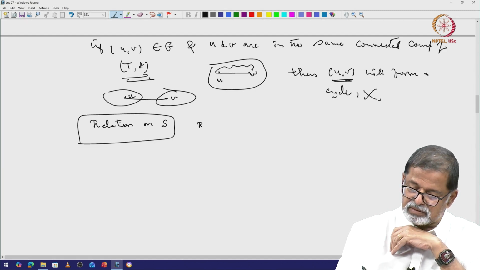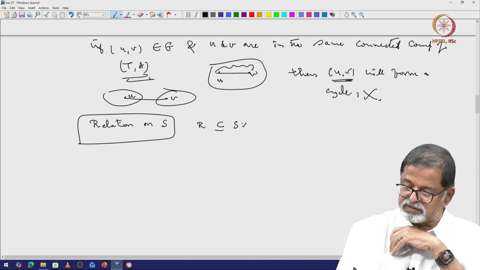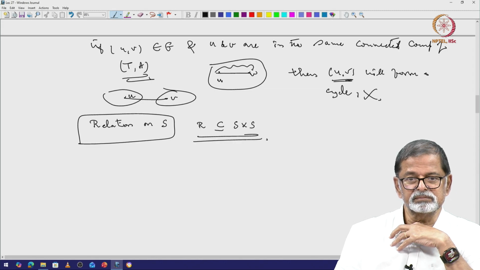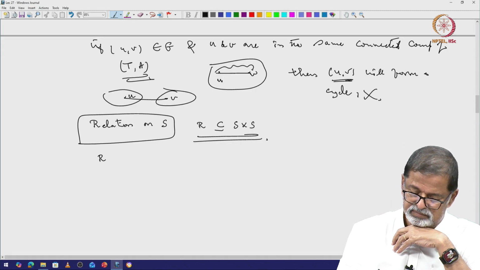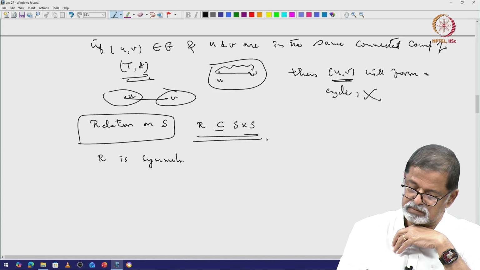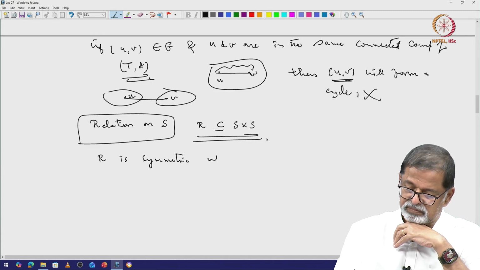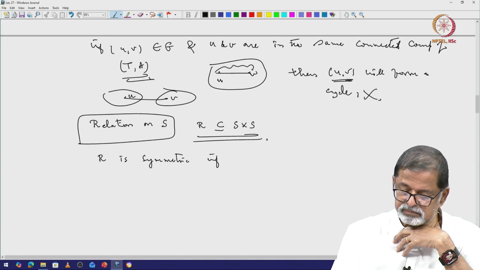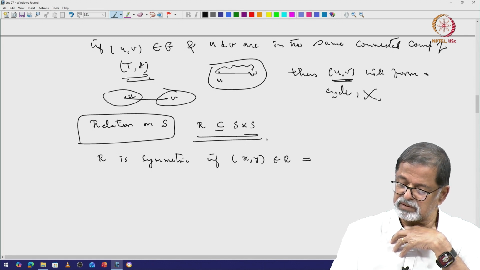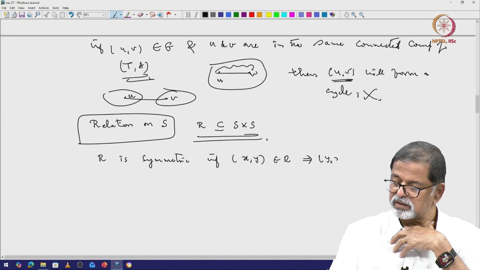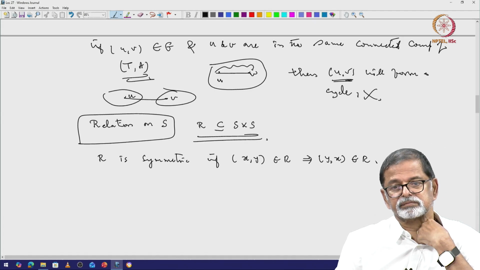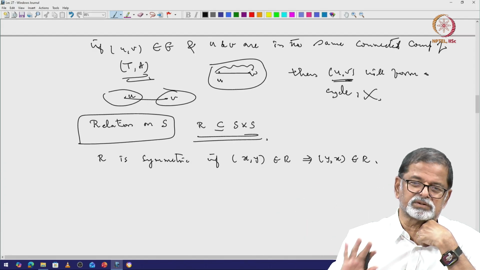Relation R is a subset of S cross S. R is symmetric if (x, y) belongs to R implies (y, x) belongs to R. If (x, y) is there, (y, x) is also there.